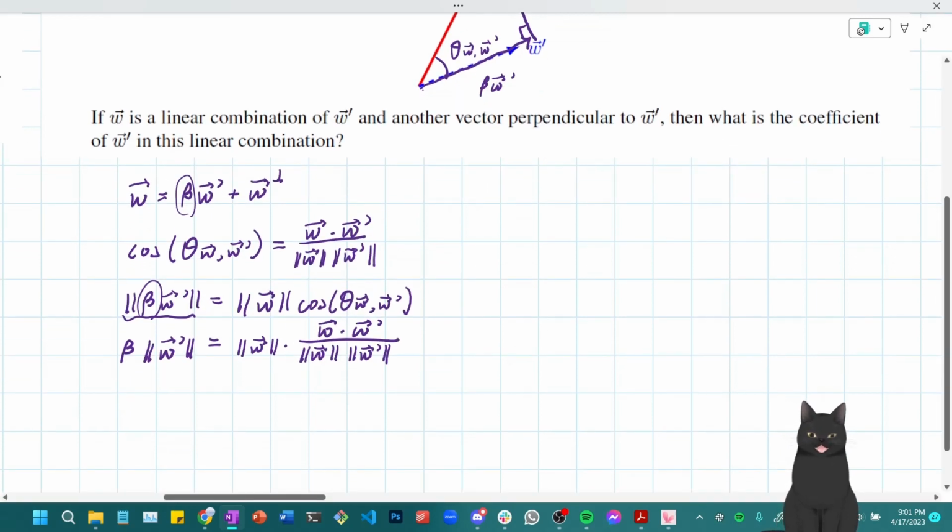And then I can just divide both sides of the equation by the length of W prime, and I would end up with an expression of what beta is.